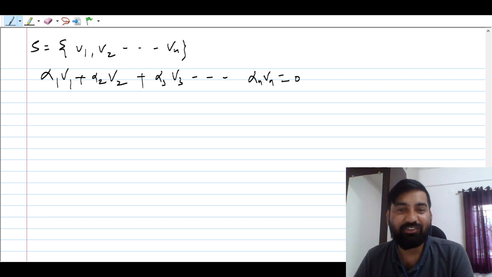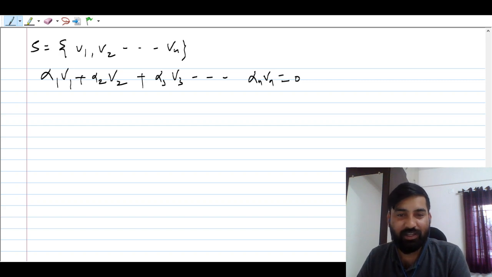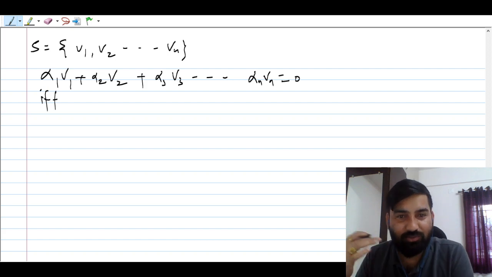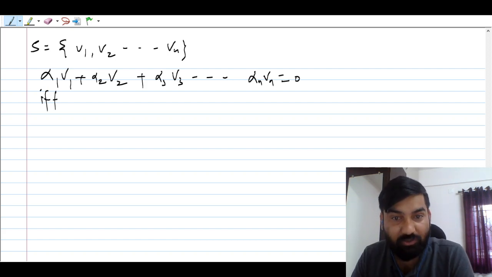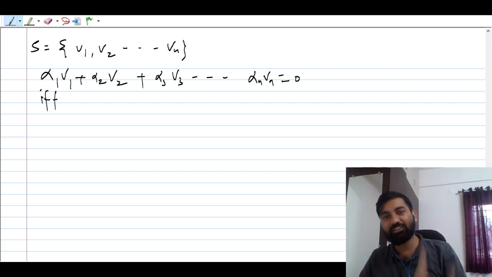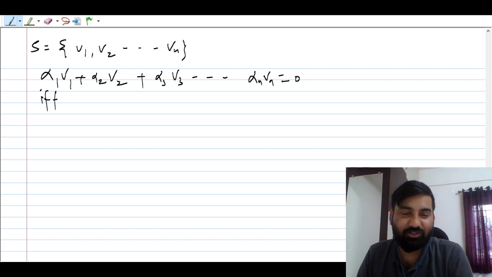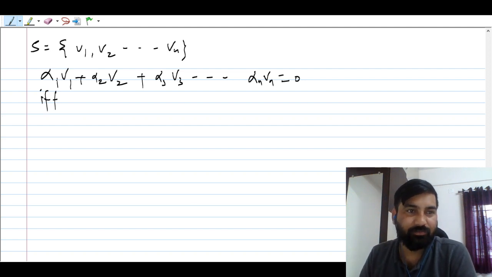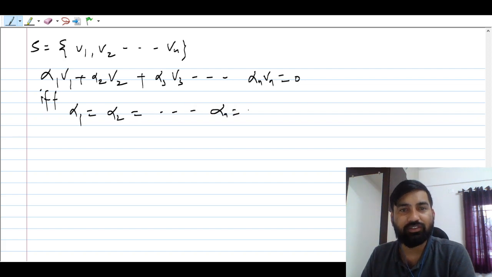That is the meaning of this expression, alpha 1 v1 plus alpha 2 v2. When is it going to be true? If and only if, remember, v1, v2 up to vn are not zero vectors. अब मान लो अगर कोई एक zero vector present है, ठीक है, so certainly it is going to be LD. v1, v2, v3 are non-zero here, so alpha 1 equal to alpha 2 equal to up to alpha n should be equal to 0.